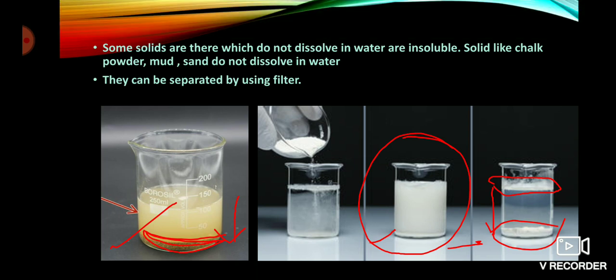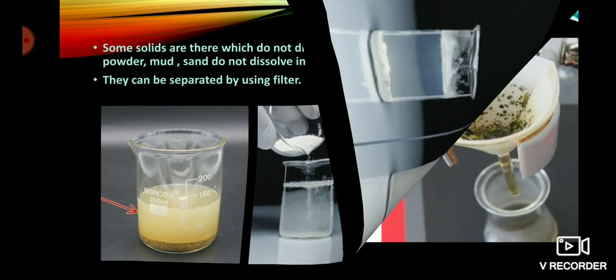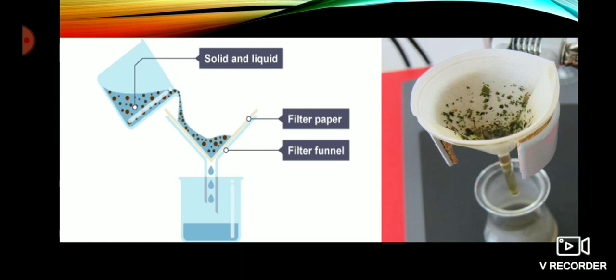Then how can we separate? This can be separated by using filter paper, or we can use a sieve, that in Bengali you call chakni. This is an activity to show you how to separate insoluble solids from liquid by using filter paper.